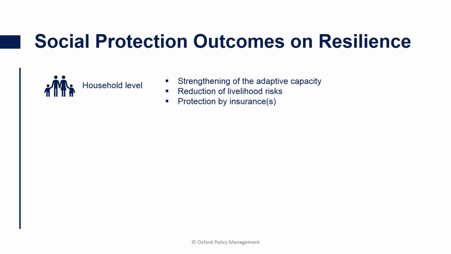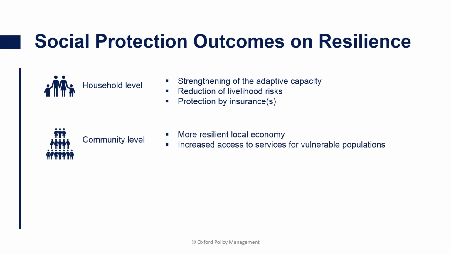Let's not forget about social insurance. The common insurances like pension, unemployment, and health insurance have been found to protect the livelihoods of the insured in the events of risks that threaten their existence, such as illness.